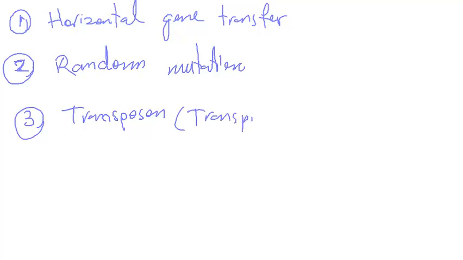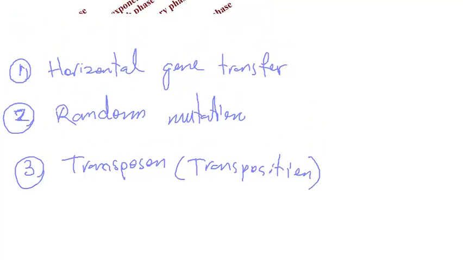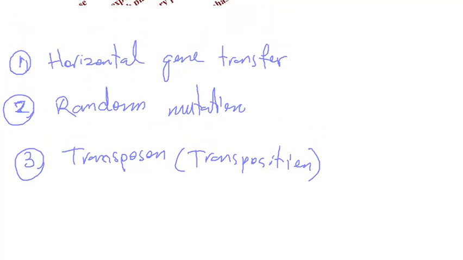And then finally, genetic material can move around in the genome with the help of transposon elements. And so the phenomenon of having genetic material move from one point to another is called transposition. And so next I would like to emphasize how any one of these methods of genetic variation can help with the survival of bacteria.